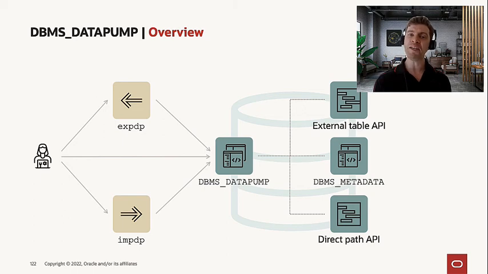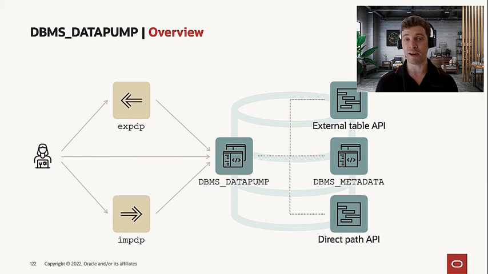So what really executes in the backend is the DBMS Datapump package in the database. This package, by the way, makes further calls to other APIs, like the external table API, if you're using the external table access method, DBMS metadata to get the metadata of the objects, and also direct path APIs. Those are just examples of some APIs that are used by the DBMS Datapump API.